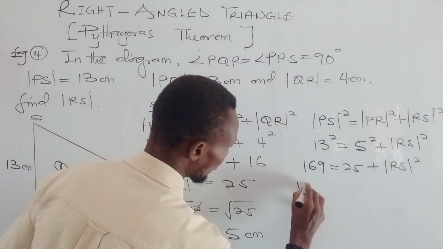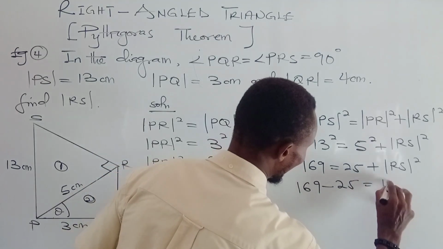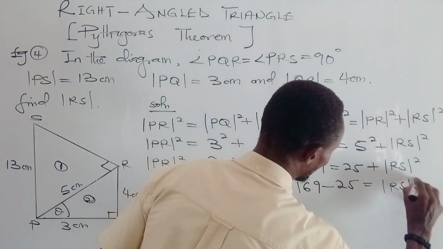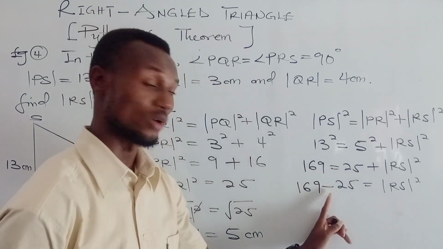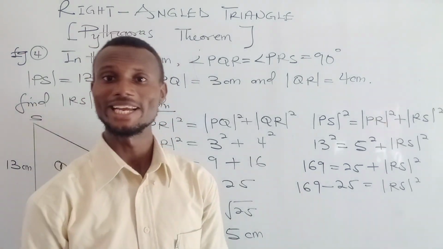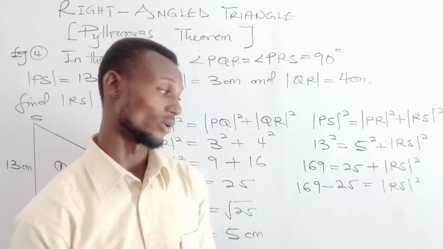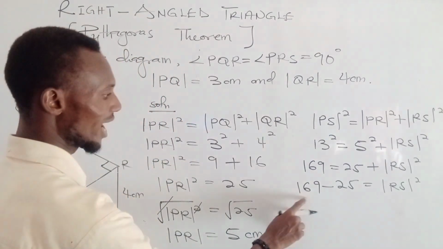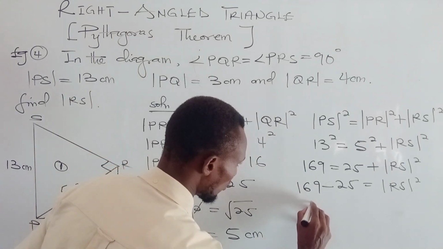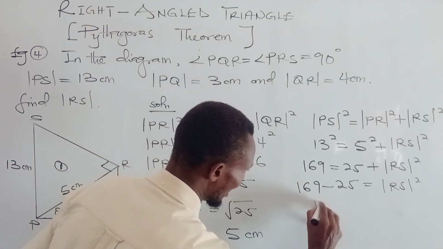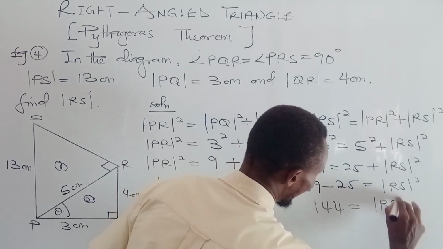So we will have 169 minus 25 equals line RS squared. It is positive here, but when it crosses the equal sign it becomes negative; when anything crosses the equal sign, its sign changes. So 169 minus 25 gives 144. So 144 equals line RS squared.